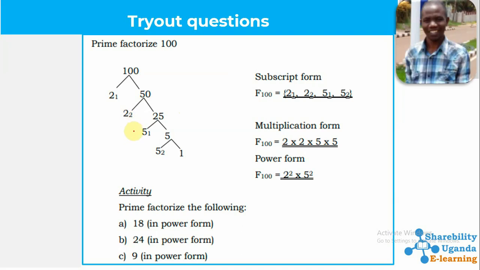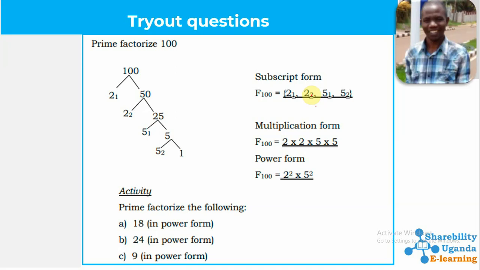Then our 5 also appears twice. Alright, so we have now known how many times our 2 appears and how many times our 5 appears. Then we shall be able to make a multiplication form.